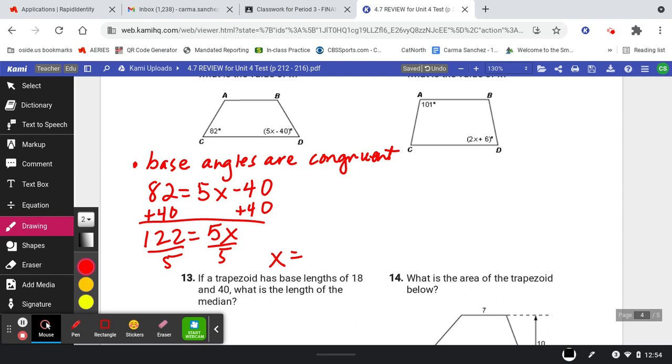So taking that 82 plus 40, we got the 122 divided by 5. I'm getting 24.4. How'd you do?